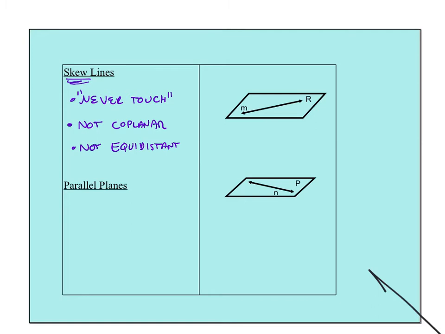Here, line M in plane R and line N in plane P are skew. They're never going to touch. The distance from here to here is different from the distance from here to here. Different distances.